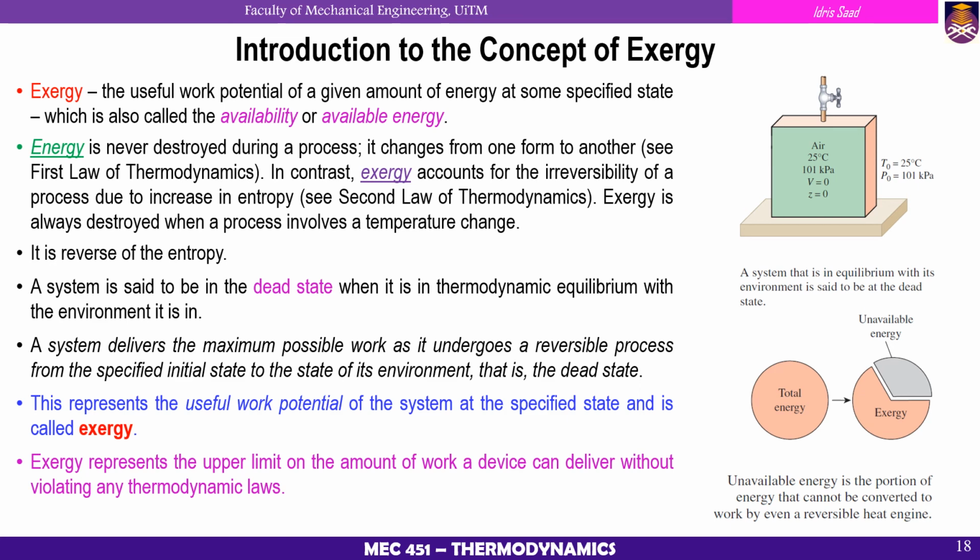During any thermodynamic process, whether it is isochoric, isobaric, isothermal, adiabatic, or polytropic, the energy is never destroyed. It only changes from one form to another, as explained by the first law of thermodynamics.